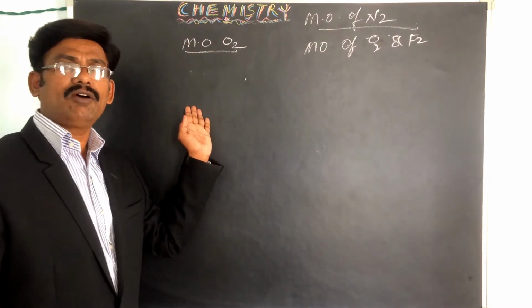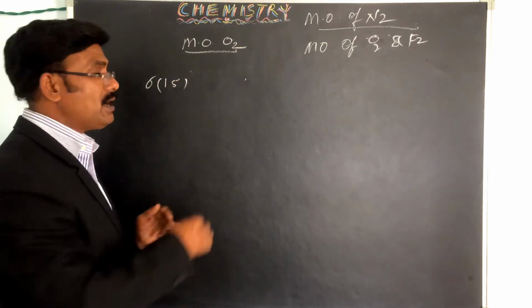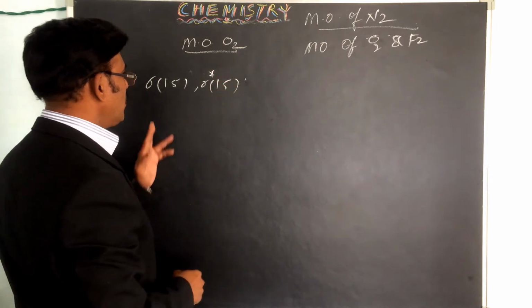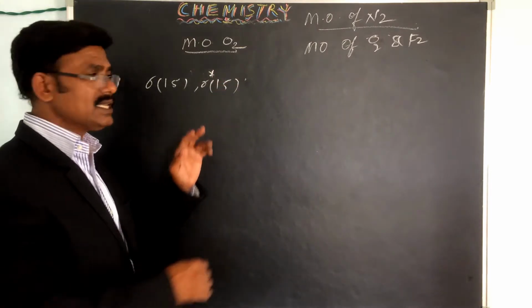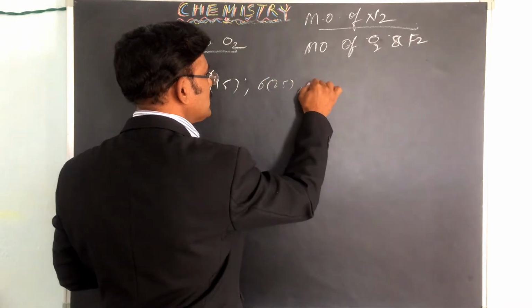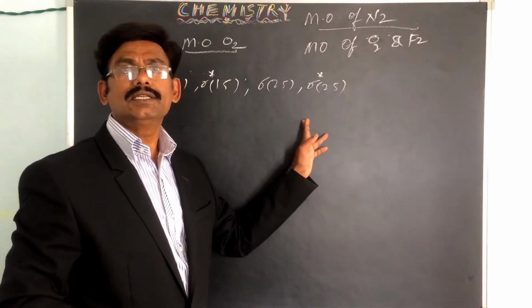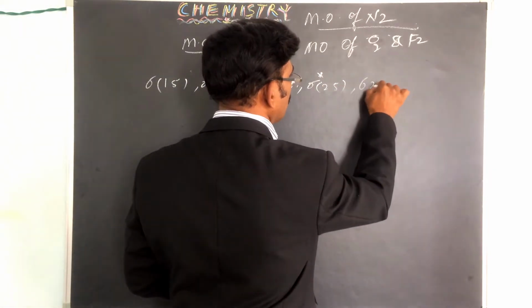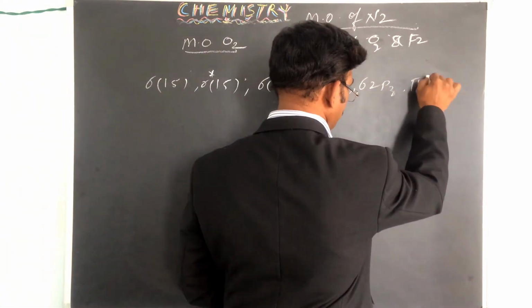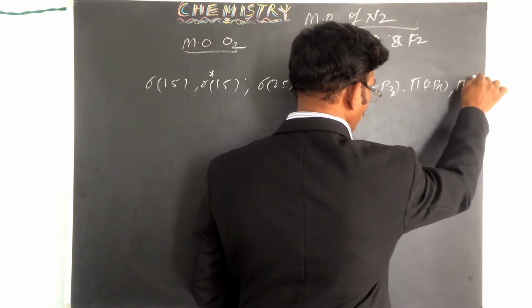Please note down: sigma 1s, sigma star 1s, sigma 2s, sigma star 2s, then sigma 2pz, then pi 2px and pi 2py.